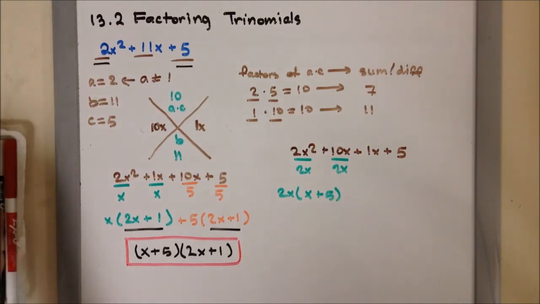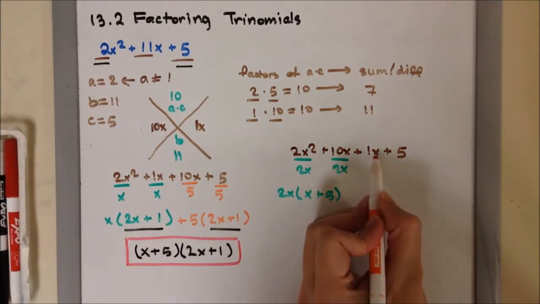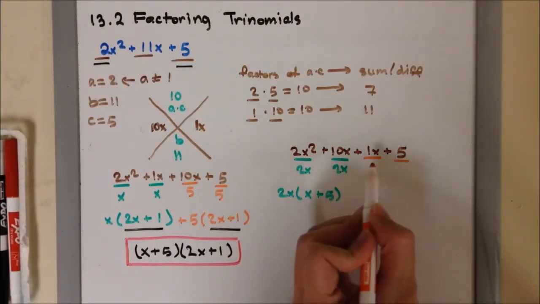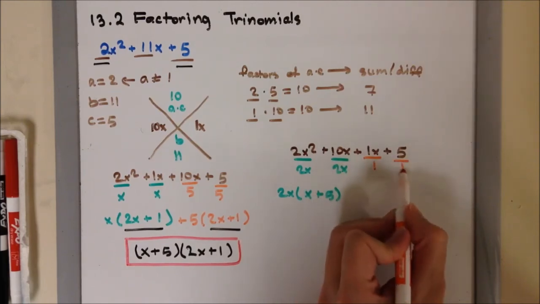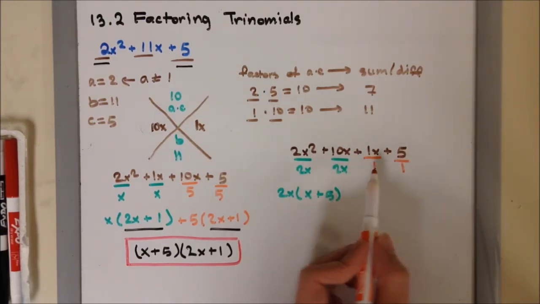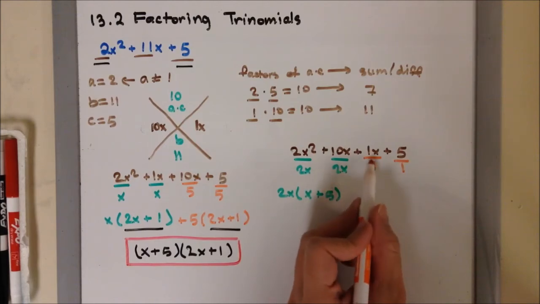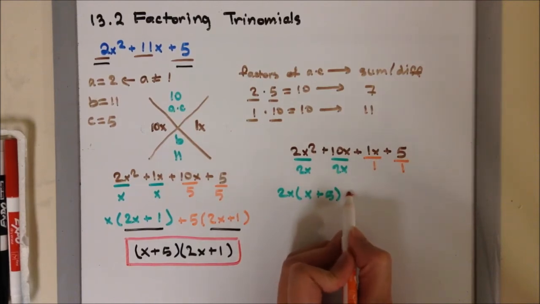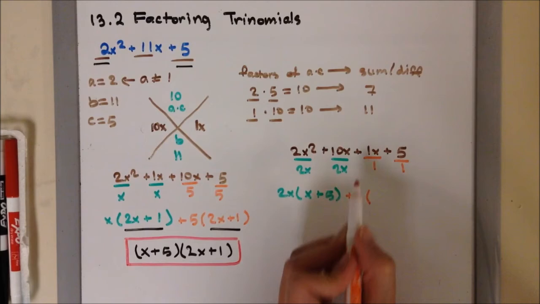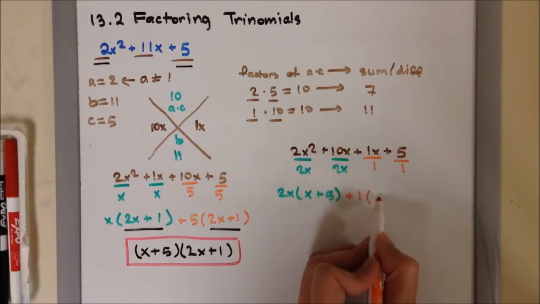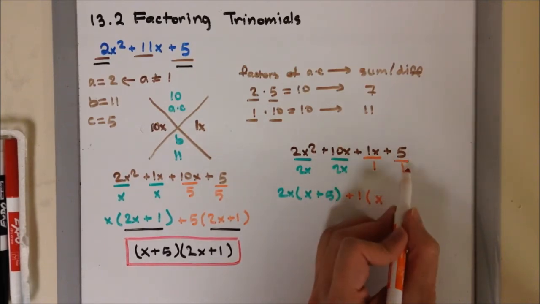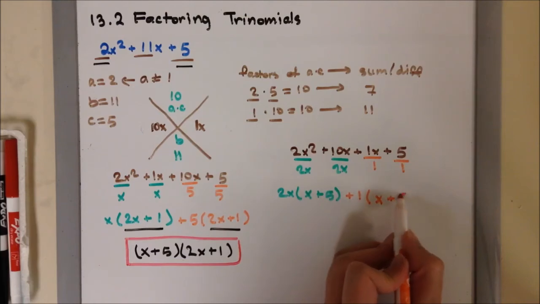And then on the other side, the only thing in common between 1x and 5 is just my positive 1, and it's okay to divide by 1. So let's see what happens if I divide both terms by 1. I'll put my GCF outside of the parenthesis. 1x divided by 1 is just x. Positive 5 divided by 1 is just plus 5.